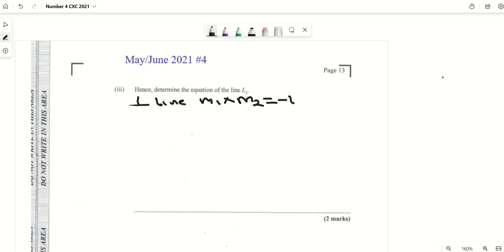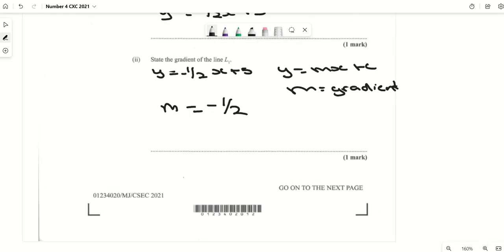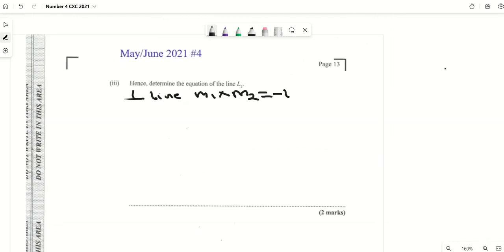So when they say the lines are perpendicular to each other, that means the two lines intersect at a 90 degree angle. When you multiply their gradients, you're supposed to get negative 1. We already know the gradient of L1 from above is minus a half.